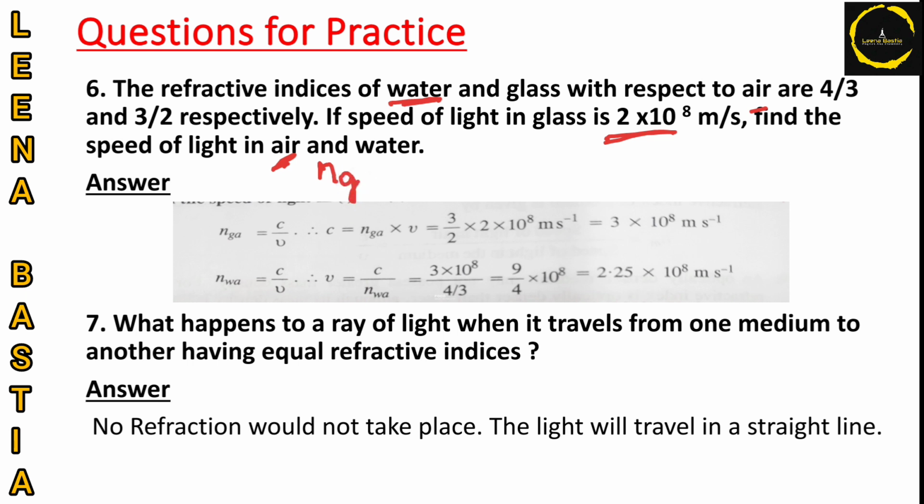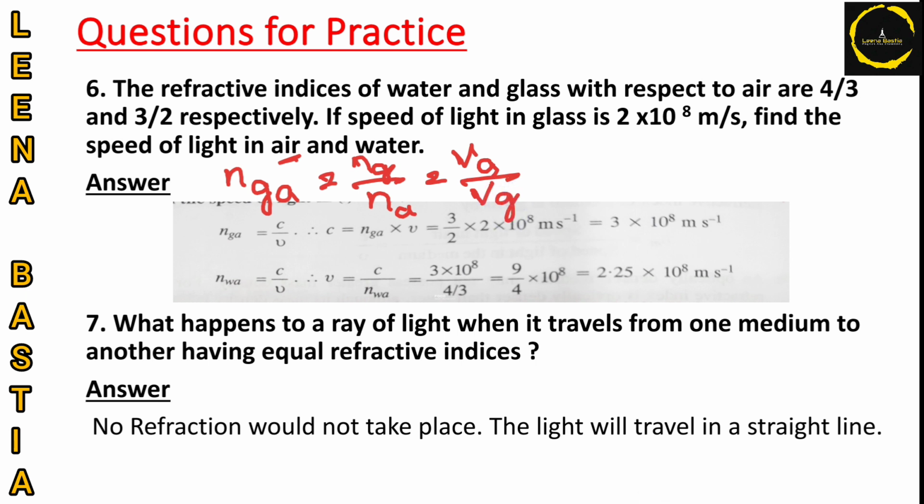First of all, it has asked for air, so we have to do the air part first. The refractive index of glass with respect to air, n_ga, will be Va by Vg. I hope this one is clear.